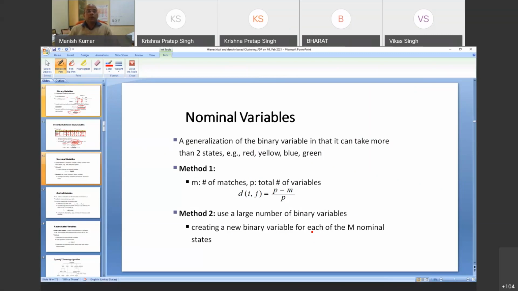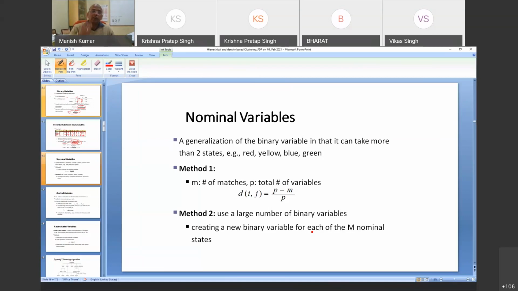Method one is that you look at the number of matches and the total number of variables. That will give you the Dij part. In some cases, individually, I can assume that red is either no red or yes red, yellow is either no yellow or yes yellow. Each of these states is treated as one binary variable, and you can pre-process the entire data and then move on.